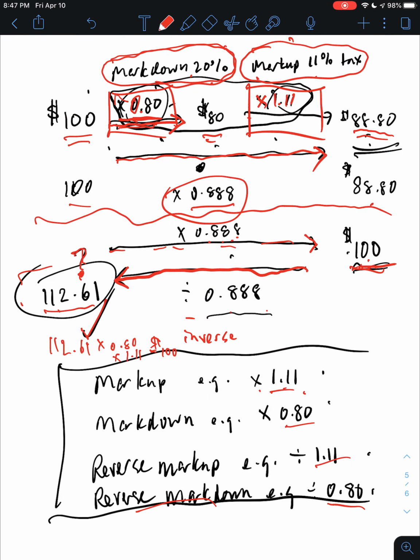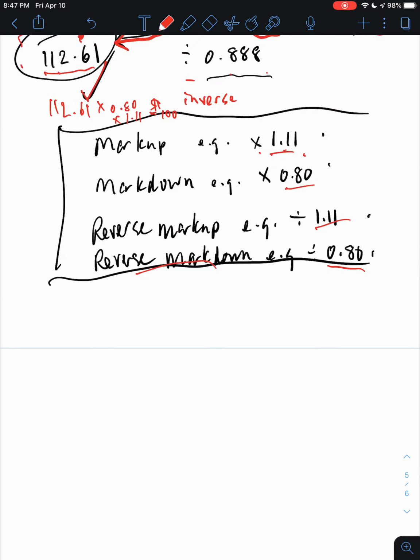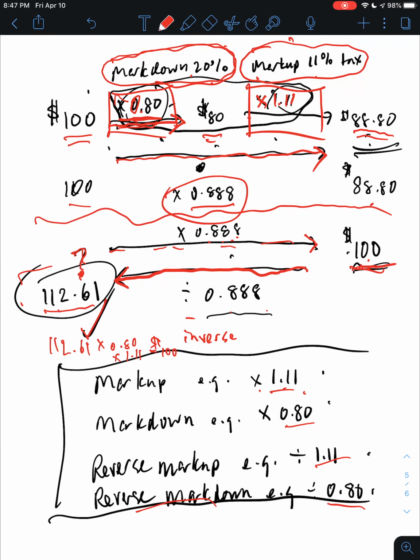All right, so that is it for this topic. There are some examples in the textbook, questions that you could do related to markup and markdown, and chaining together markdowns and so on.